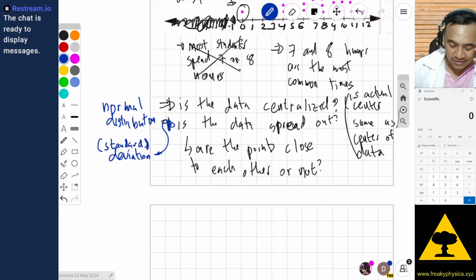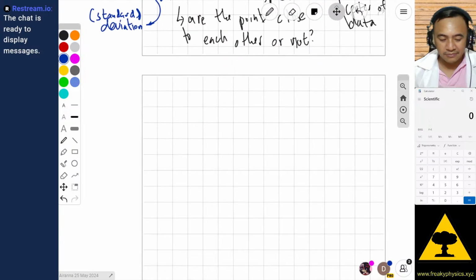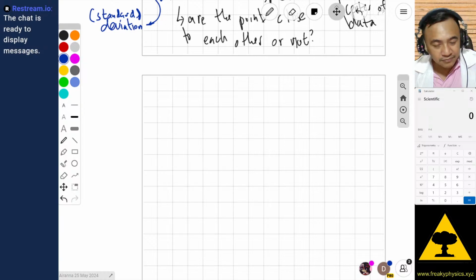All right. The next part we're going to look at is: what if you have another kind of data? Let's take a look at this kind of data now.